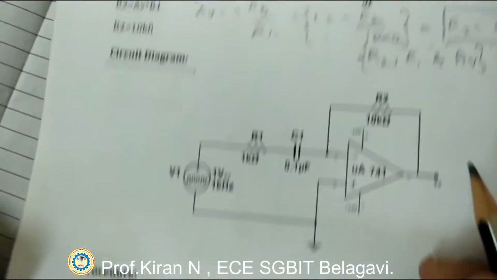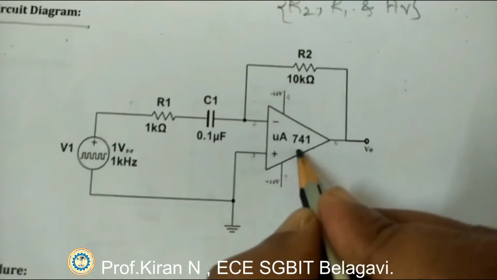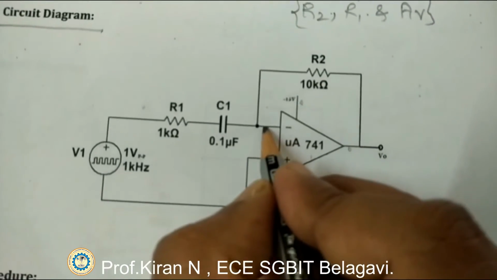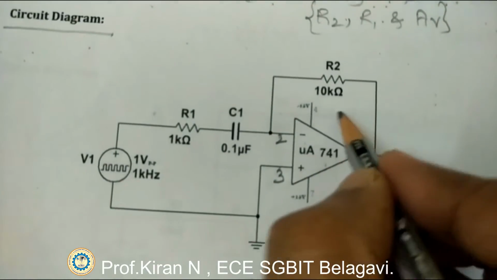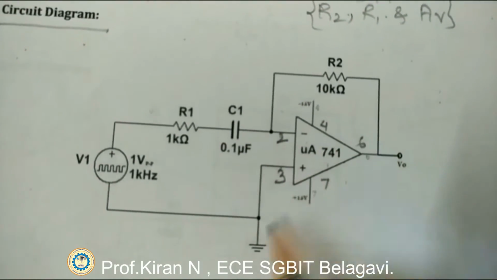So this is the circuit diagram. As usual, we are using a 741 operational amplifier. We are making use of pin number 2, 3, 4, 7 and 6.